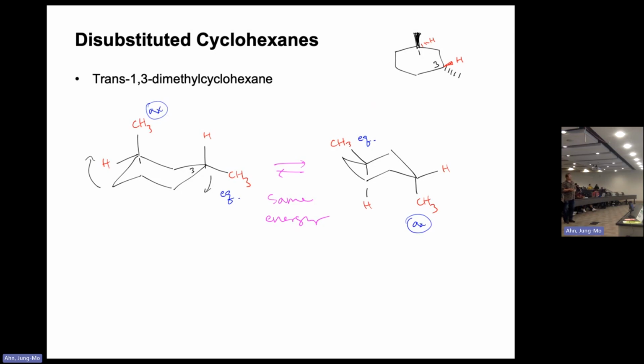One here, one there. It's just a different methyl that becomes equatorial. But because it's the same number of axial substituents, we can say that both are the same energy. So when I ask you to draw the most stable chair conformation of the trans 1,3 dimethyl cyclohexane, you can give me either because both are at the same energy level.